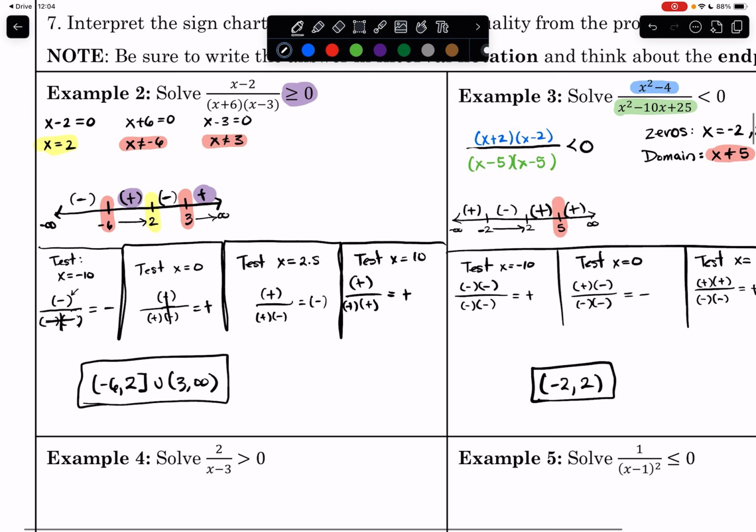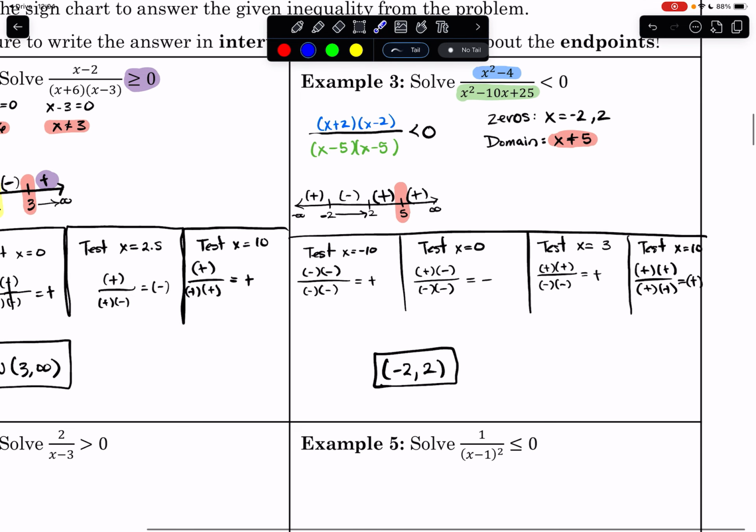Now, pay close attention to the difference between these two examples. Notice that in the example on the left, example 2, we alternated. We started at negative, positive, negative, positive. It was alternating. But on this one, it started to alternate positive, negative, positive, but then it stayed positive. It didn't turn to a negative, meaning it didn't move below the x-axis.